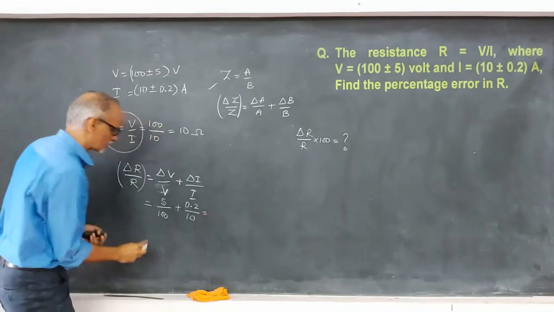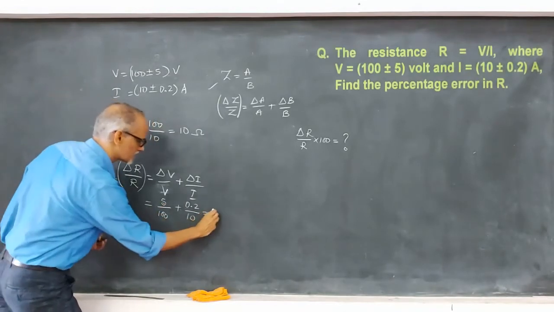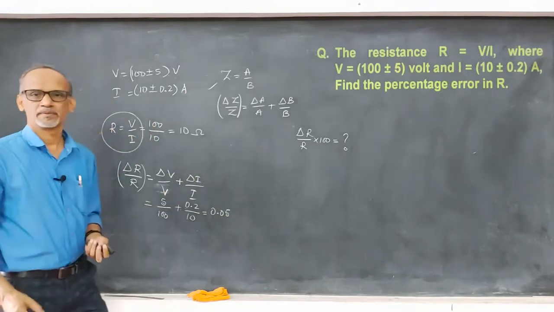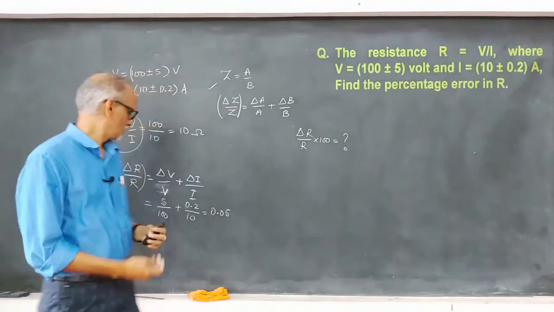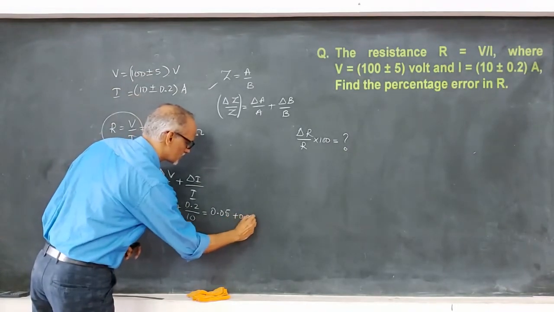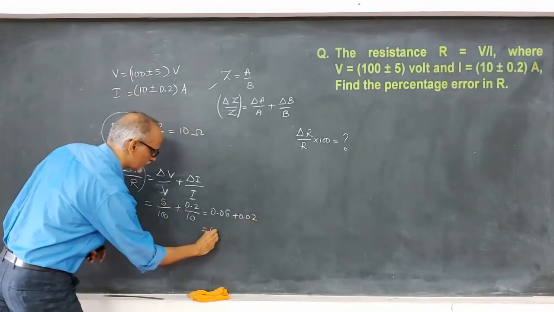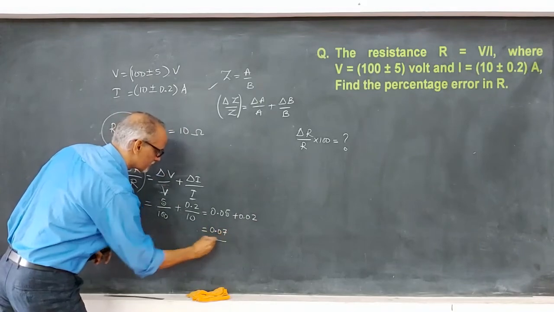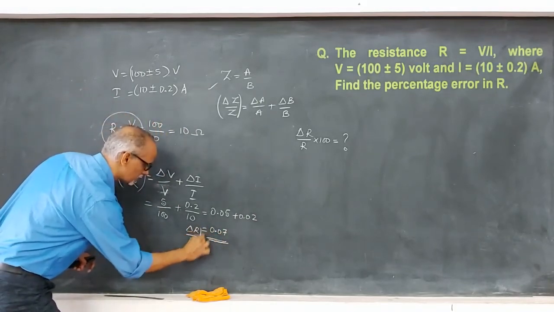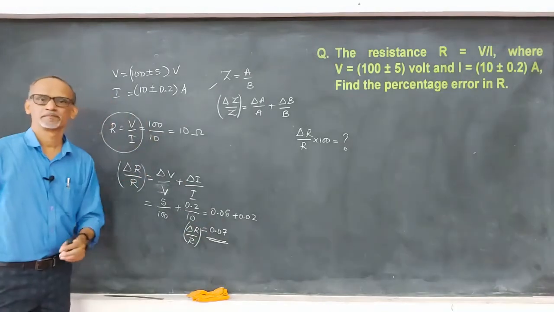So what is 5 by 100? 5 by 100 is 0.05. Very simple, we don't need a calculator for that. What is 0.2 by 10? That's 0.02. So you add them, how much? 0.07. So I have found delta R by R. Correct?